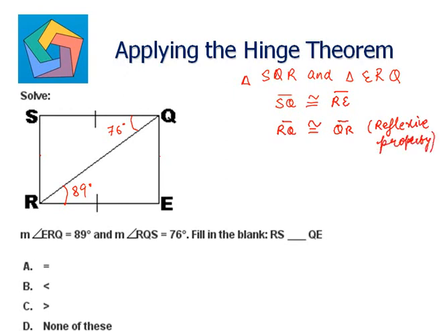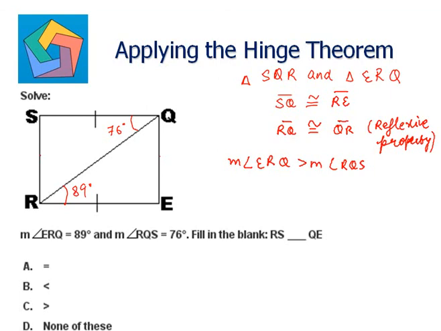Now it is given that measure of angle ERQ is greater than measure of angle RQS, since measure of angle ERQ is 89 and RQS is 76. So we can apply the Hinge theorem now.